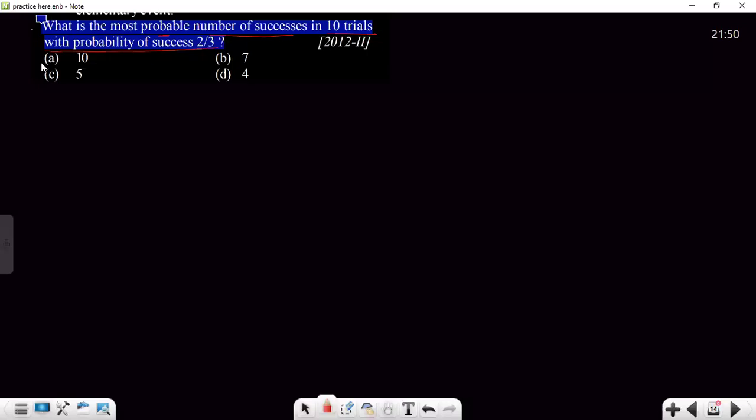There are 10 trials with probability of success 2 by 3. Like there will be 2 successes in 3 trials. So how many attempts should we make? 10 attempts.